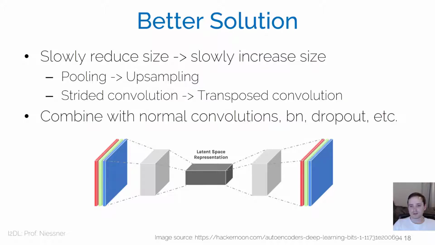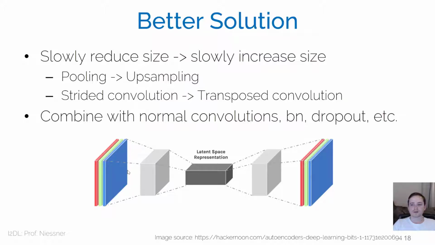And what's nice is that every operation here that you do in the downsampling part can pretty much be inversed. You can do the inverse operations in the sense of dimensionality to what you do here. So if you do pooling here in this part, then you can do upsampling in this part.